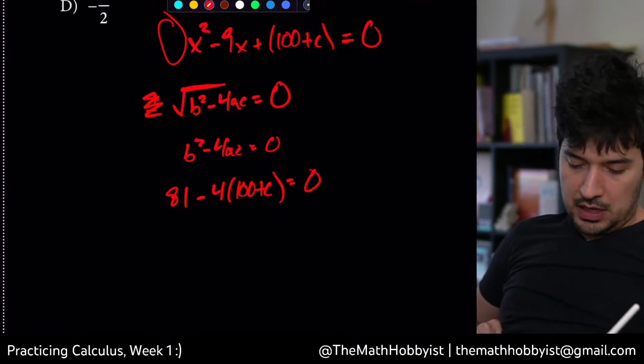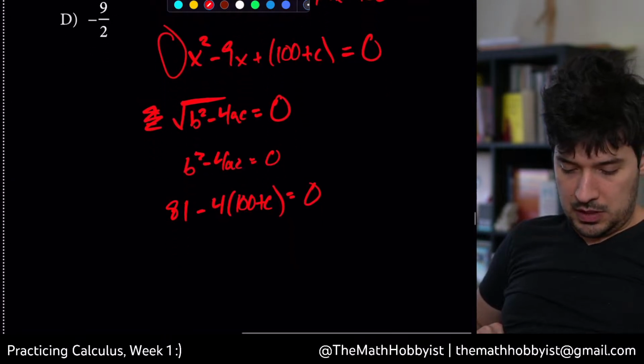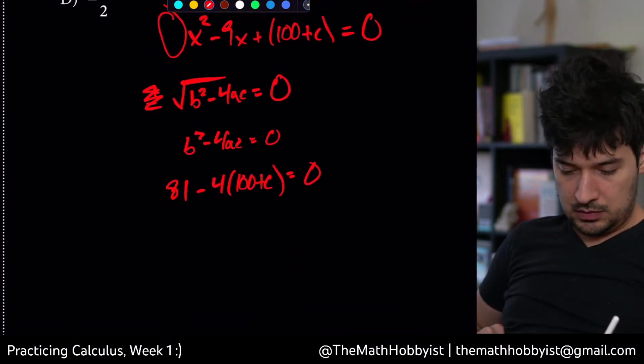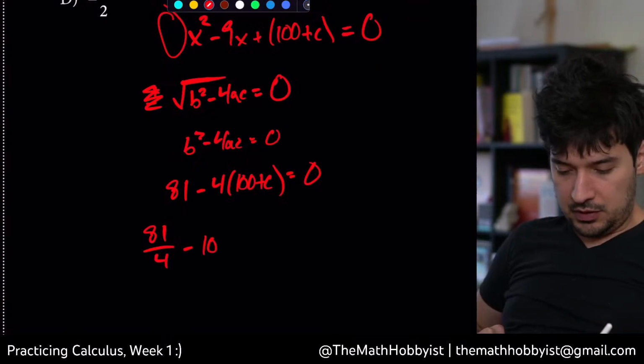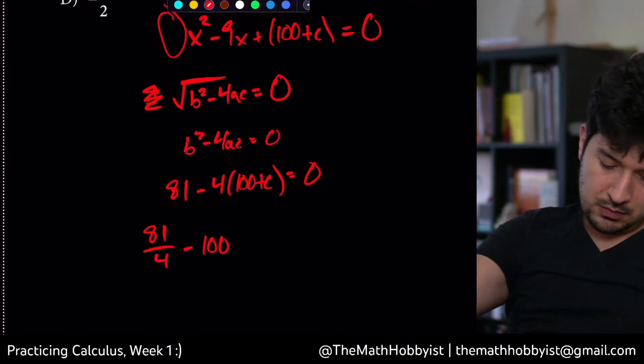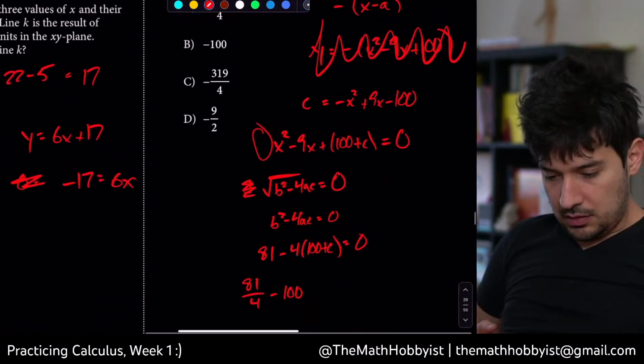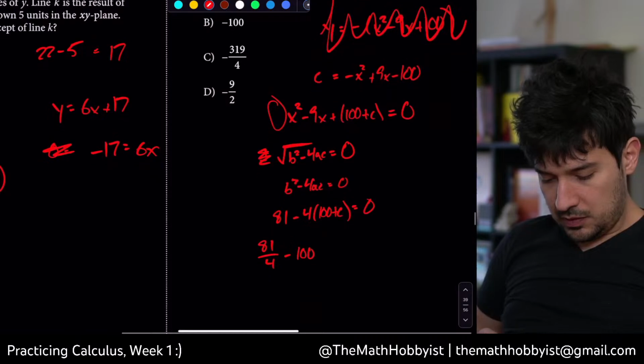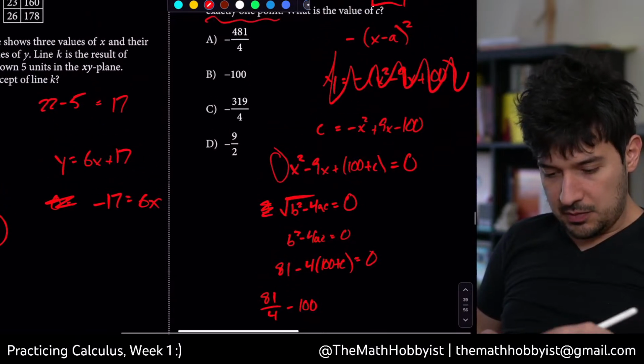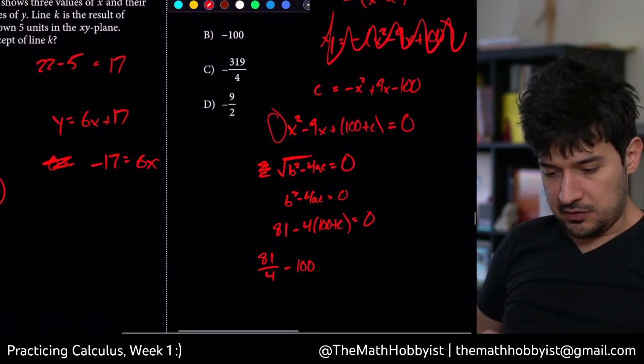Oh, geez. Okay, so 81 over 4 minus 100. 81 over 4 is a negative number. All of them are negative numbers. Neat.